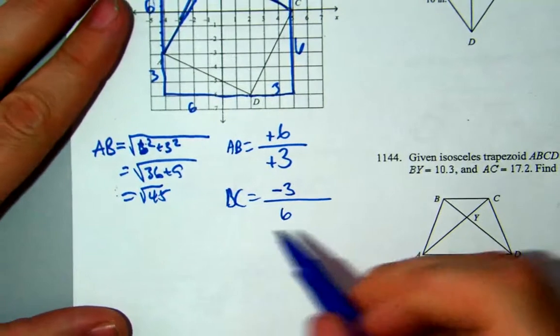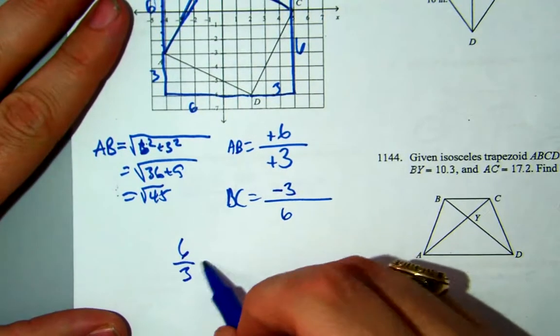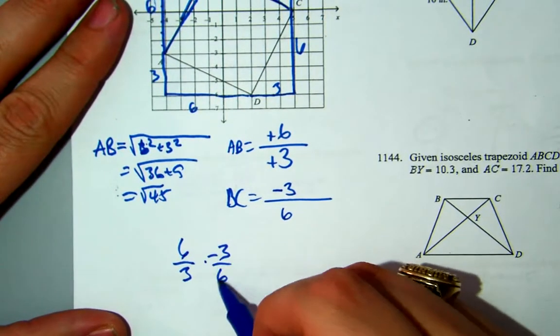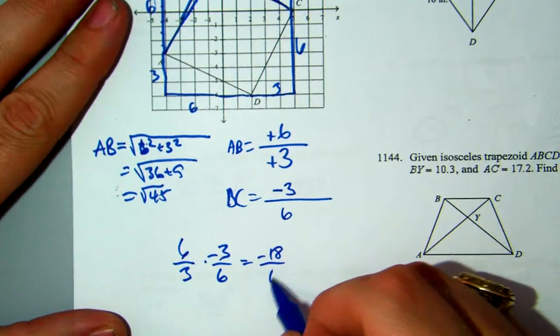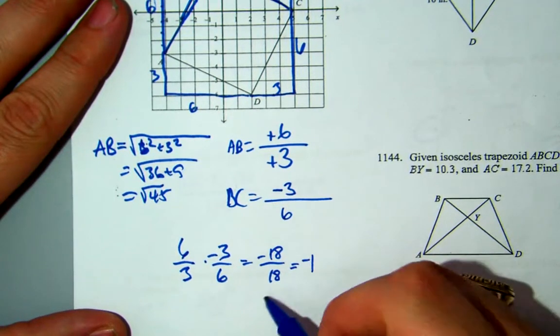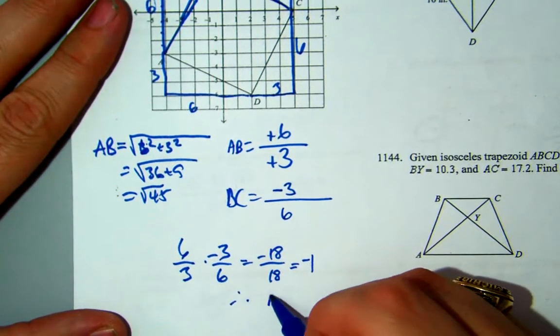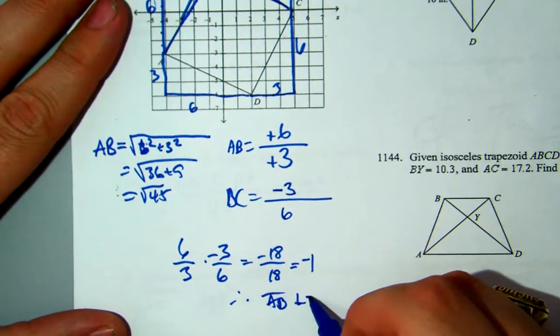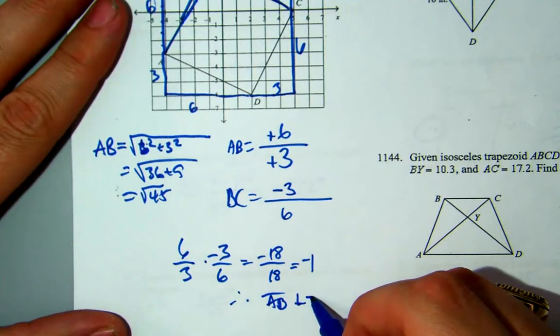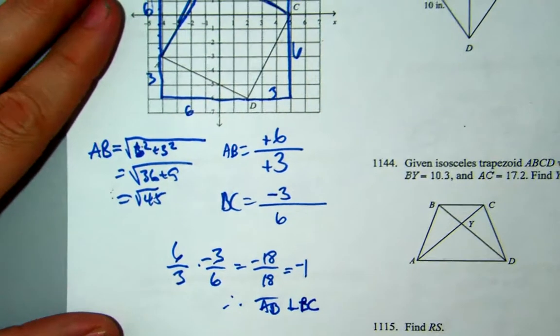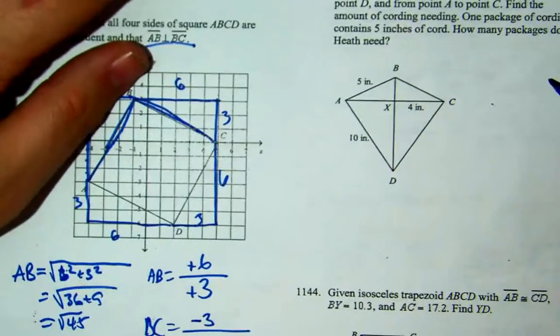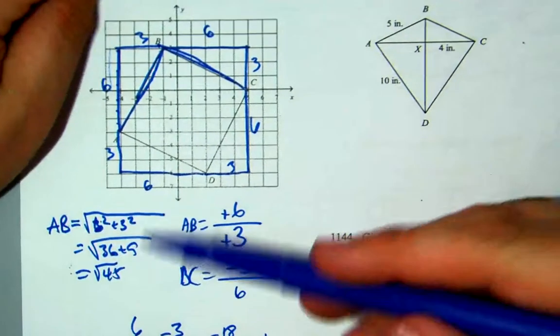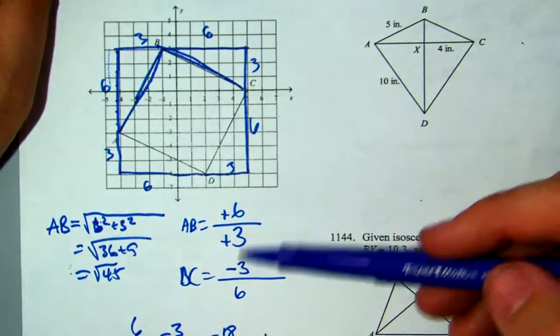And if we take these two values, 6 over 3 times negative 3 over 6, negative 18 over 18, which is equal to negative 1. Therefore, AB is perpendicular to BC. So you have to figure out not only the distances, but also the slopes.